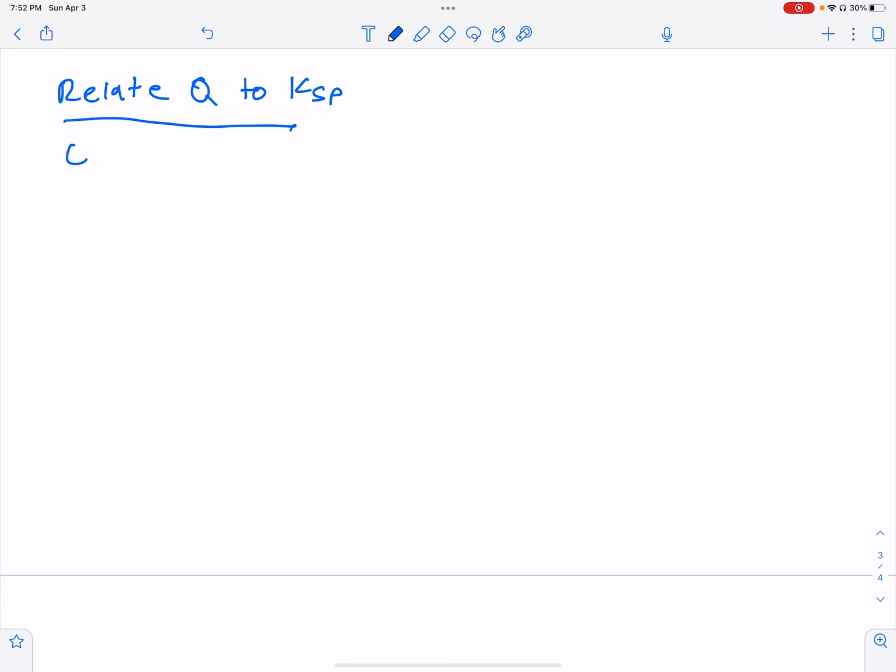So we're going to have a same kind of Q greater than KSP business again. If Q is greater than KSP, we have what's called an oversaturated solution, meaning there is a high concentration of ions in the solution, and because it's oversaturated, it's going to precipitate. So precipitation will occur.